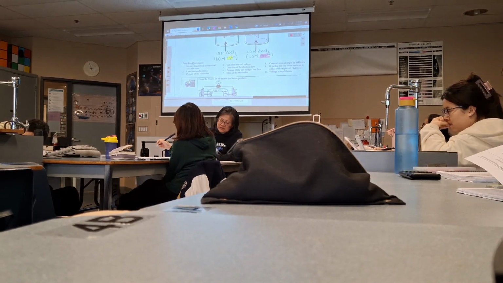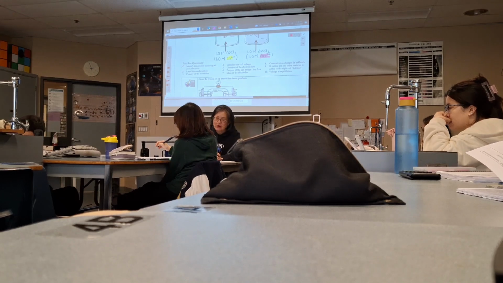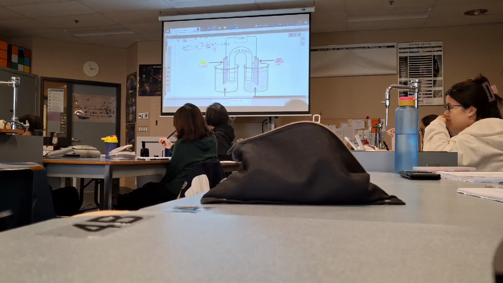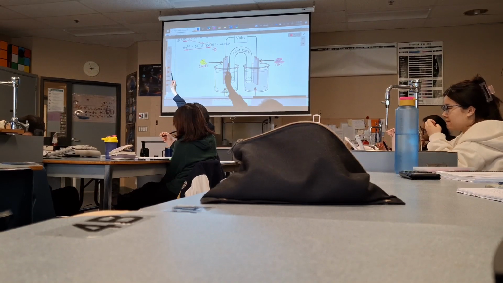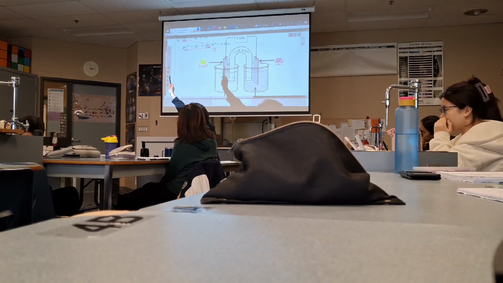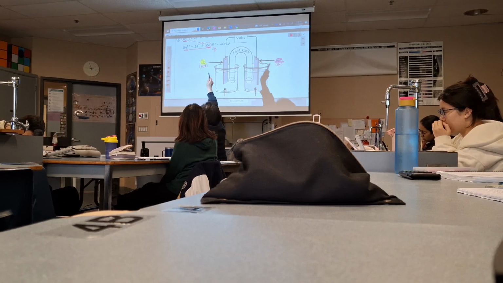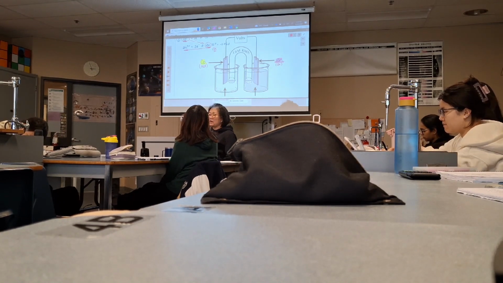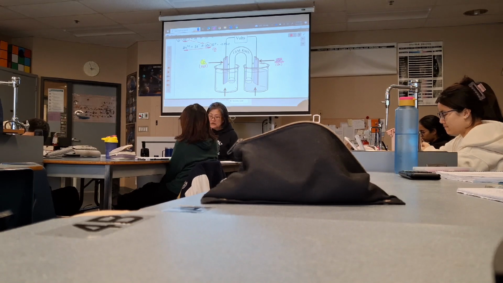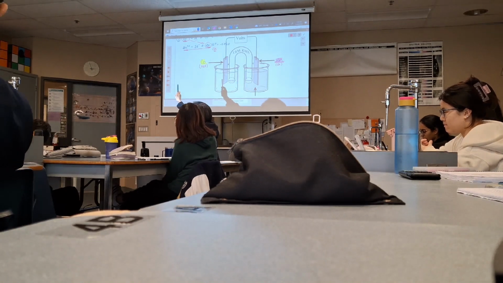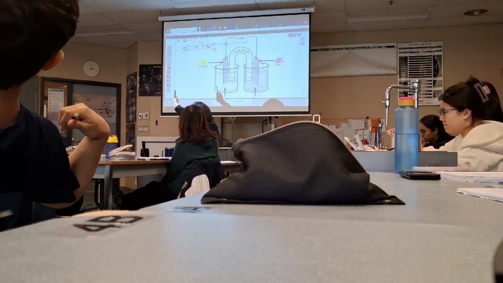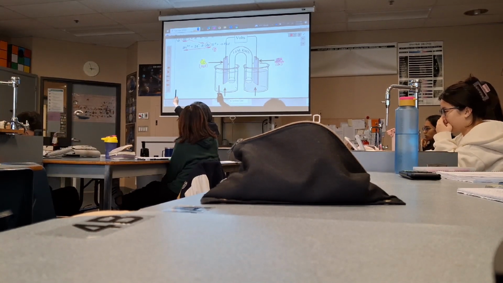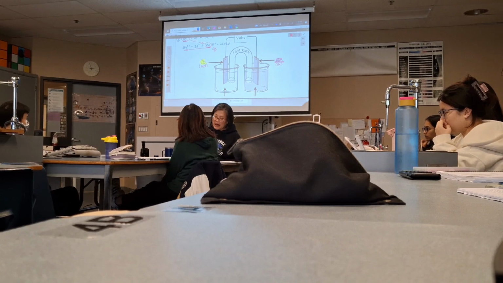Now it says, label the anode and the cathode. So if I know that on the left side here, reduction is taking place at the electrode, and on the right-hand side here, oxidation is taking place at the electrode, what do I call the electrode where reduction is happening? It's the cathode.